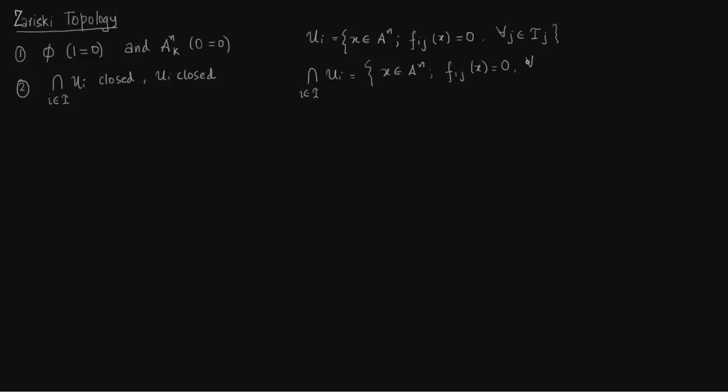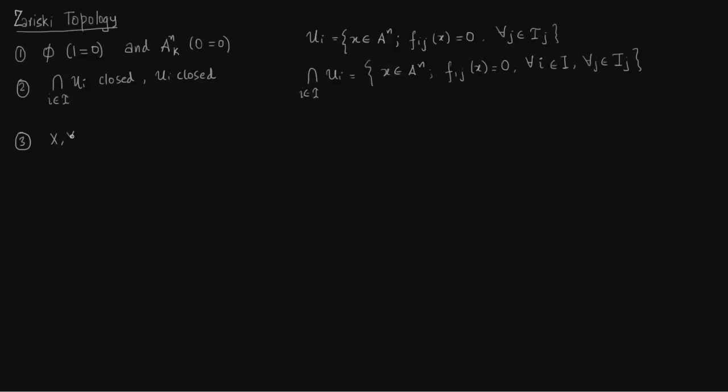So that is what I'm essentially going to write as the intersection of all U_i. You take all these polynomials which define the individual U_i's and throw them all together. So the intersection is again closed because it is defined by polynomials.